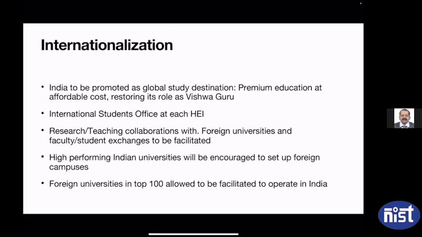Therefore, each HEI has to have an international students office, which will facilitate research and teaching collaborations with foreign universities, and faculty and student exchanges at all levels will be facilitated. And it will be both exchanges inward as well as outward. And high performing Indian universities will be encouraged to set up foreign campuses. So good universities, Sangram, there is something more for you here. NIST can set up a campus, maybe somewhere else outside India. And foreign universities in the top 100 will be facilitated to operate in India.